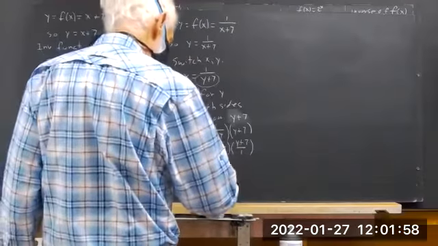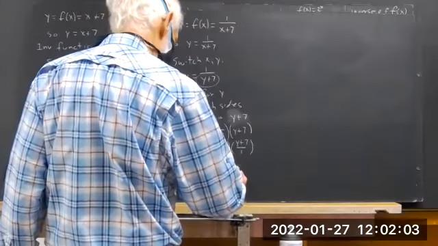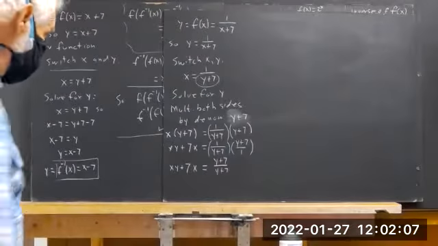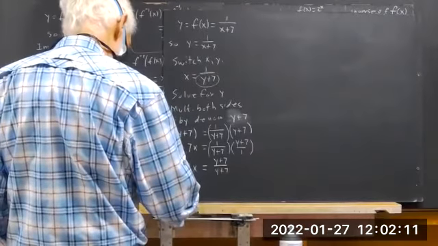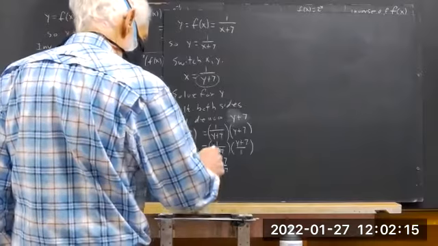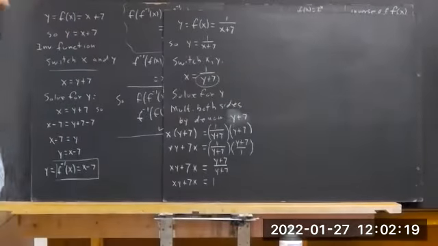So if I multiply these out, I have y plus 7 over y plus 7. And any quantity divided by itself is 1.